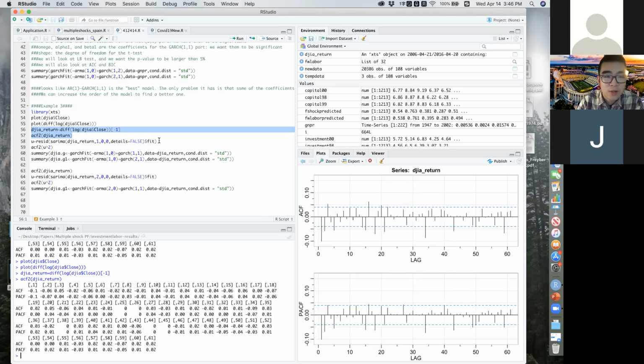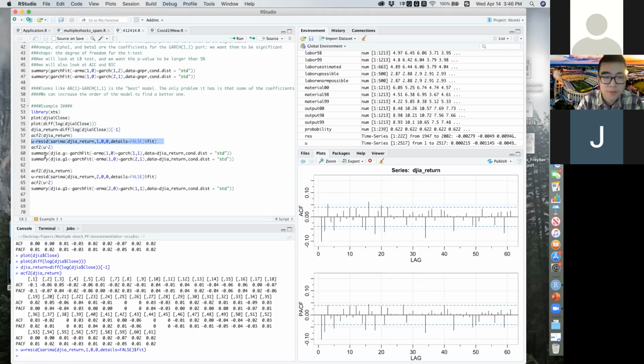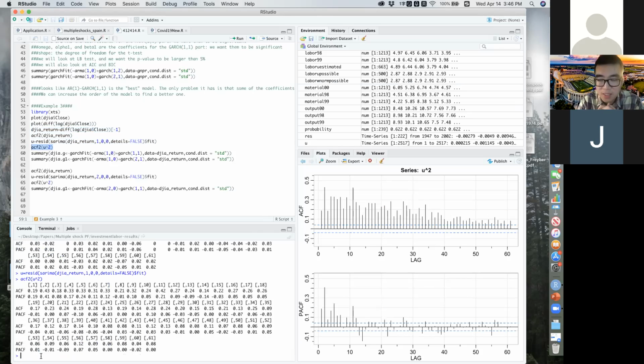Okay, so let's first do the AR(1) model. Let's find the residuals after we fit this model, and let's plot the ACF and the PACF of the squared residuals. What you can see from here is very clear: both the ACF and the PACF tail off.